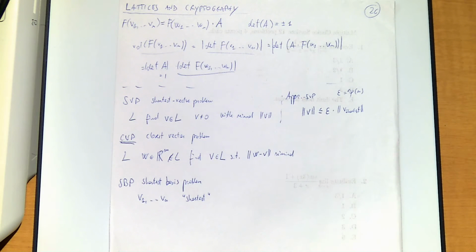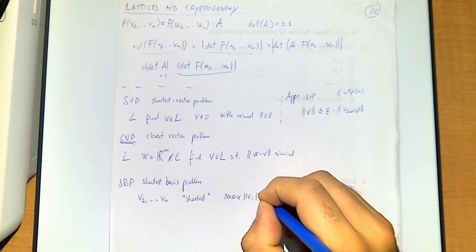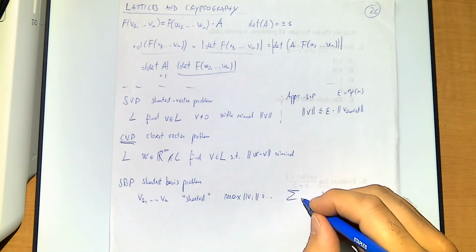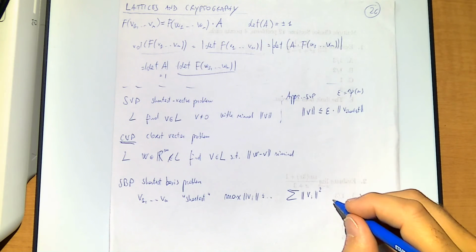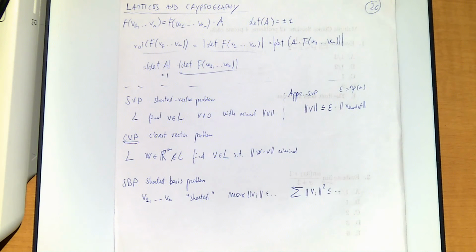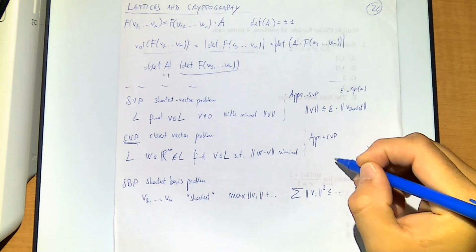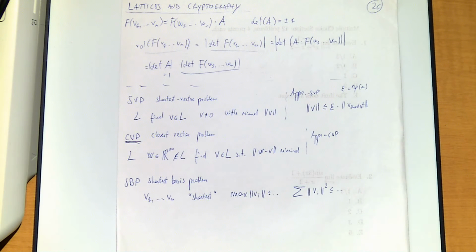So for example, you want the maximum of the norm of Vi being less than something, or the sum of the norms, or typically the sum of the squares of the norms, being less than something. Okay. So there are all sorts of related problems here. Similarly, we have a version of approximate CVP as well. Okay, these are used in more advanced cryptosystems.